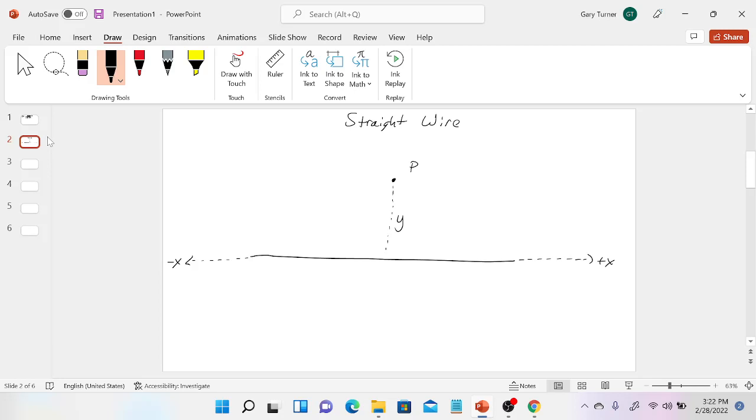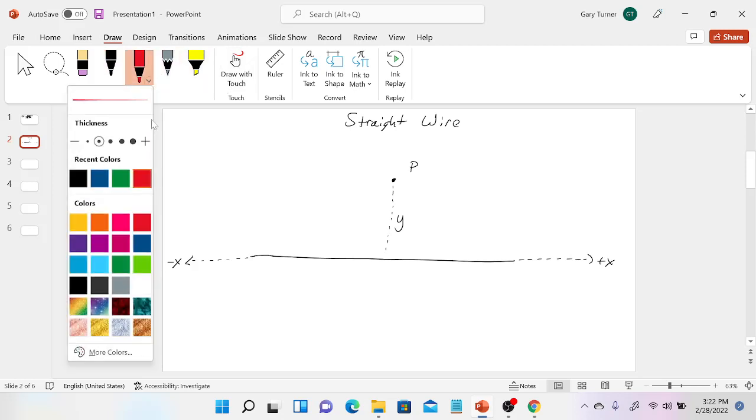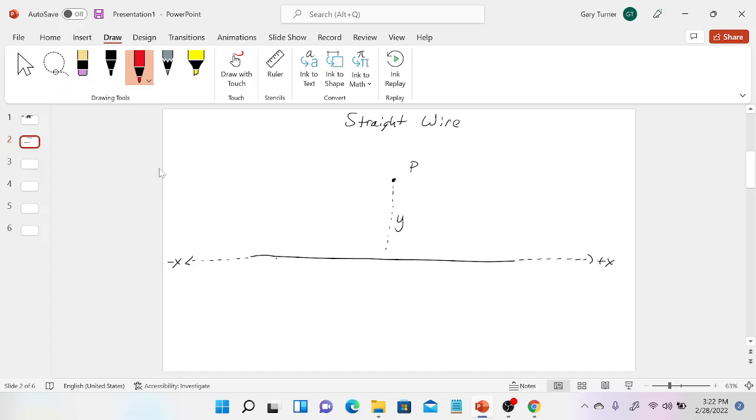But the basic way to set it up is this. Let me assume that my current is along the positive x-axis.